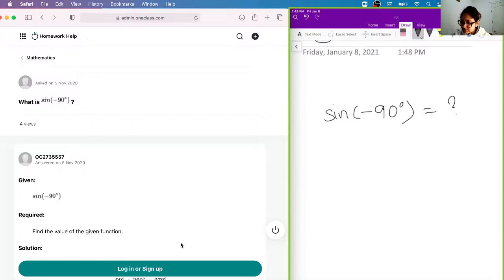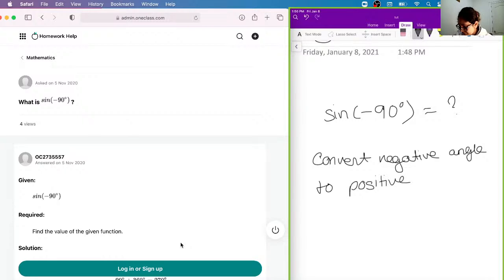We're trying to find a positive angle that represents negative 90. And to do that, we're converting the negative angle to a positive angle.